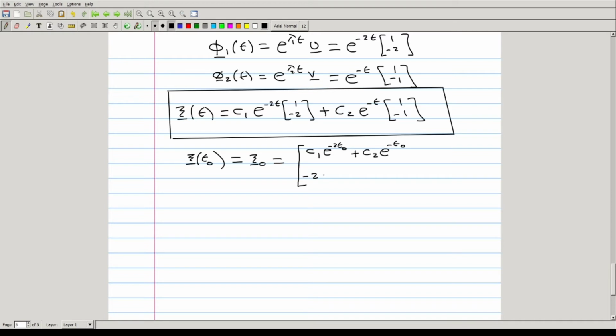You have negative 2 times c1 times e to the negative 2t naught plus negative 1, so minus e to the negative t naught times c2.